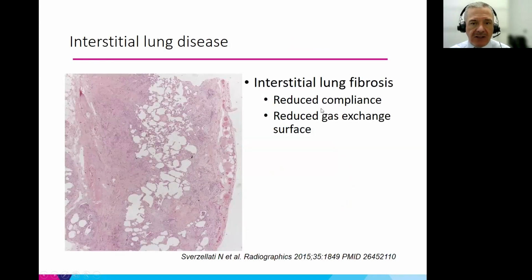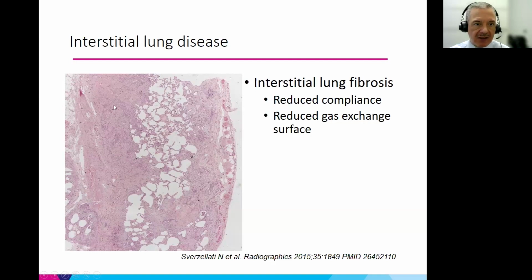So at the core of these diseases is the fibrosis in the lung interstitium that leads to 2 major effects. Not that these are the only ones, but a reduced compliance of the lung, so a reduced expansion of the lung upon air intake, and a reduced gas exchange surface, because the very delicate structure, there is a focus here of normal lung that is very grossly broadened by inflammatory cells.